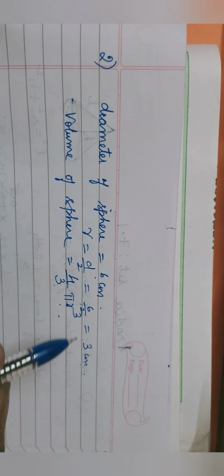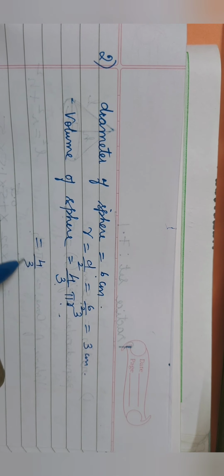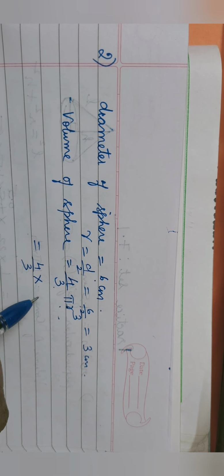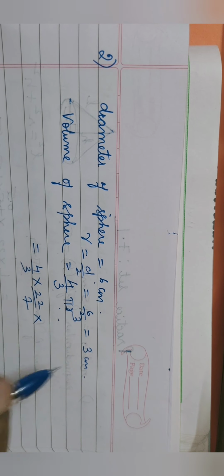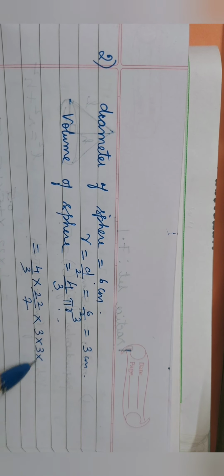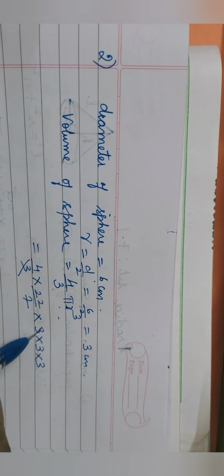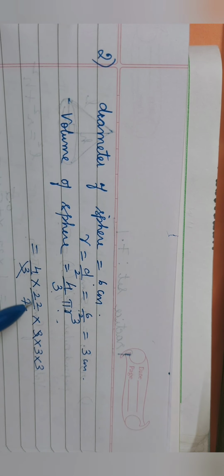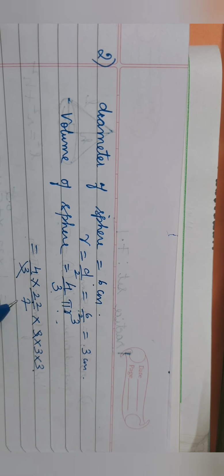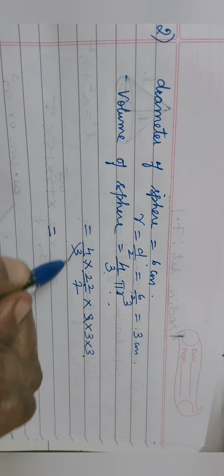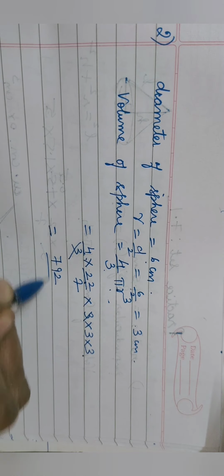4 upon 3 pi r cube means 4 upon 3. Pi is not given, so we will take it as 22 upon 7 into r cube. That is 3 times you will write it here. This 3 and 3 get cancelled. If we multiply 4 into 22, 88. 88 into 9, you will get 792 upon 7.